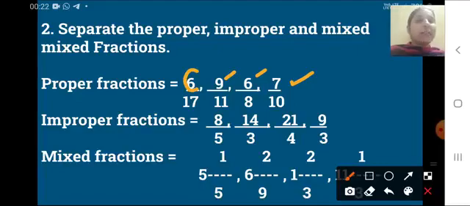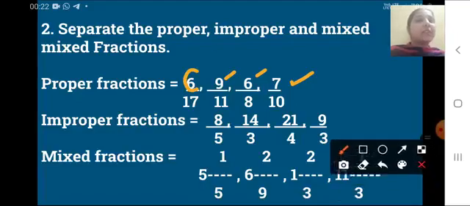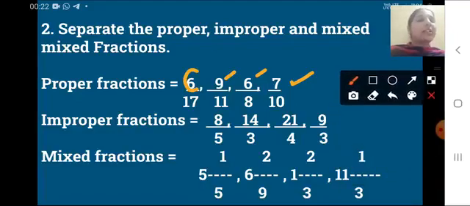On the other hand, improper fractions, you can see 8 upon 5, 14 upon 3, 21 upon 4, 9 upon 3. These are improper fractions. Why improper? Because here the numerator is greater than the denominator. Mixed fractions are very easy to recognize.